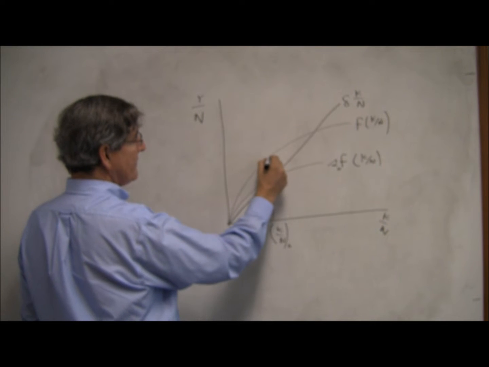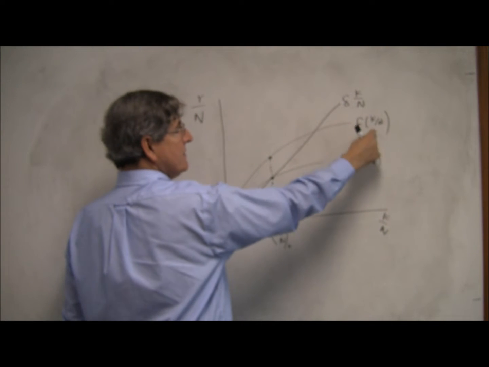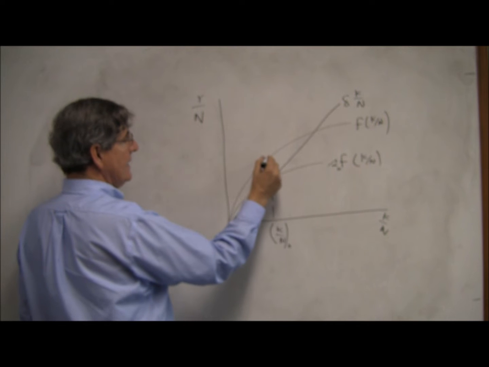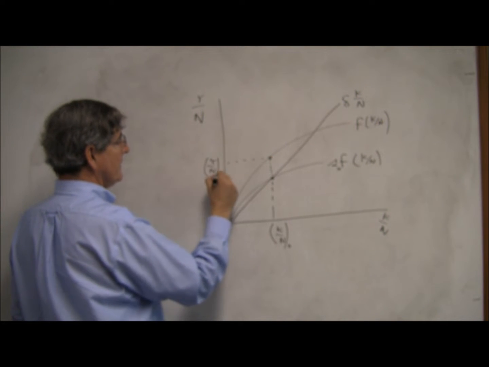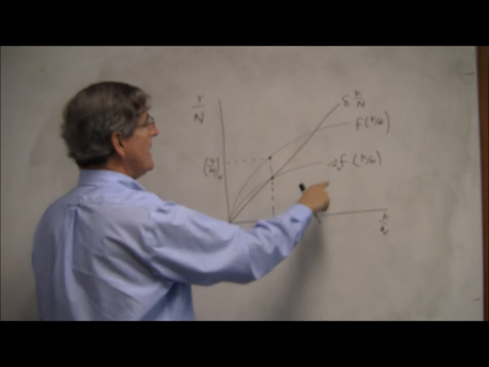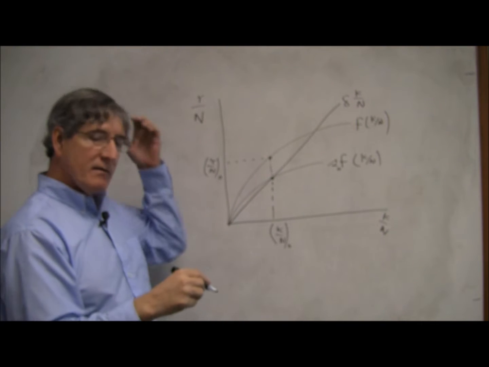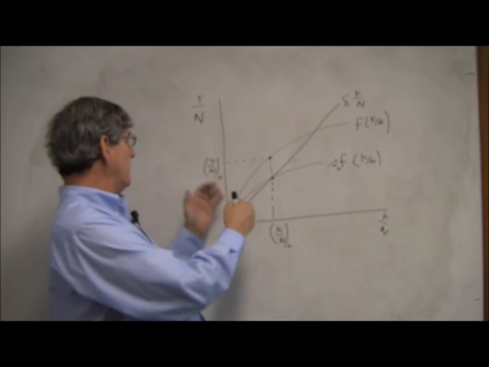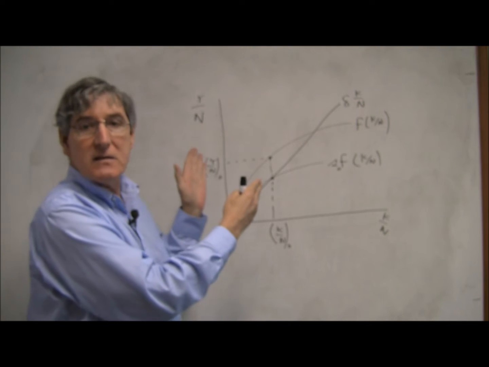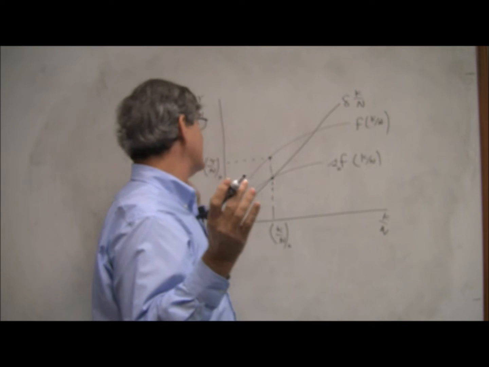If we give the production function K over N, it gives us back Y over N. And so at this initial savings rate, we had a particular standard of living. And there's no growth. This is a stationary state. This is an equilibrium. Y over N is just a fixed number. So this is just zero growth.